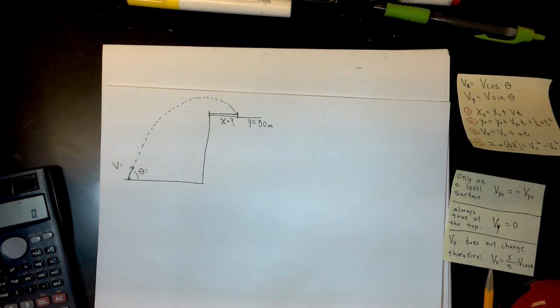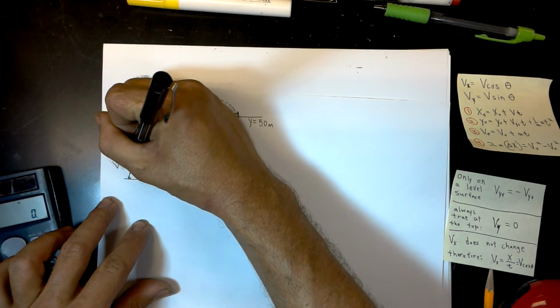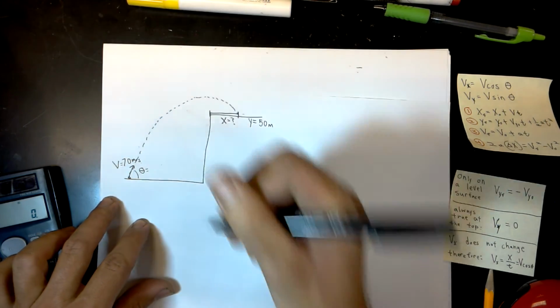And let's see, in order to get that up onto the school, I know that a potato launcher doing approximately 36 meters per second is going to go up at least 50 meters. So to be on the safe side, let's say our initial velocity is 70 meters per second.